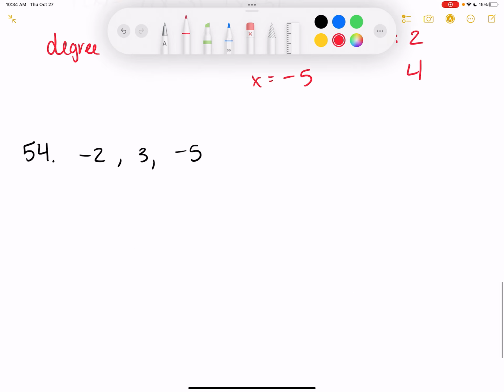So think about this as x equals -2, x equals 3, and x equals -5, because we need to get the signs right. We're moving the numbers over to meet the x's. So we have x plus 2 equals 0, x minus 3 equals 0, and x plus 5 equals 0.